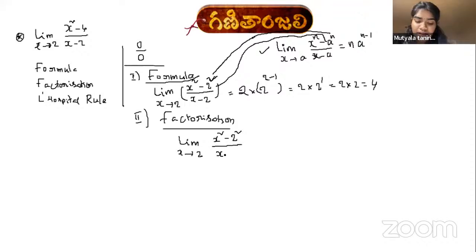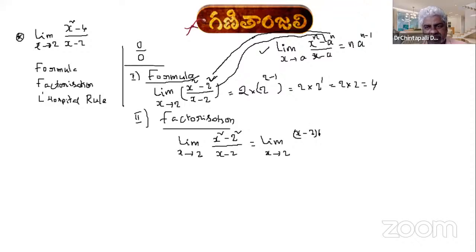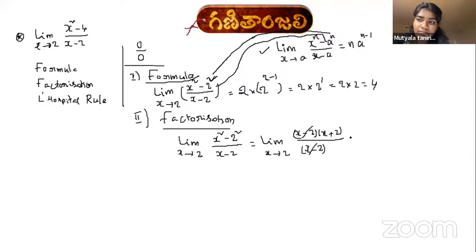A square minus b square. x minus 2 times x plus 2 over x minus 2. Now, what happens? x minus 2 gets cancelled. x is equal to 2, so 2 plus 2 equals 4. Same answer.